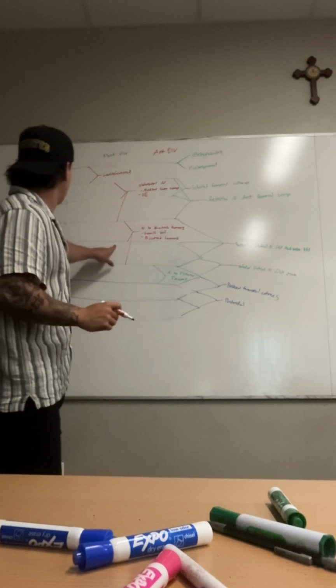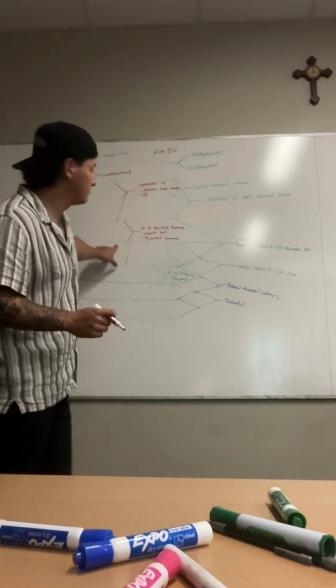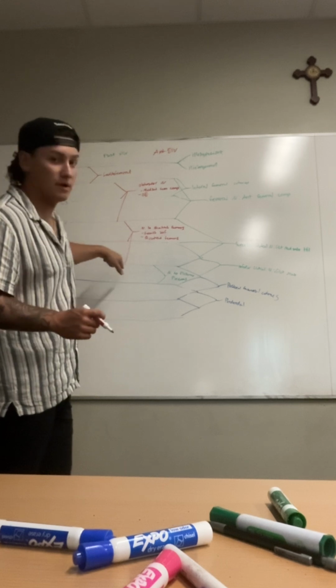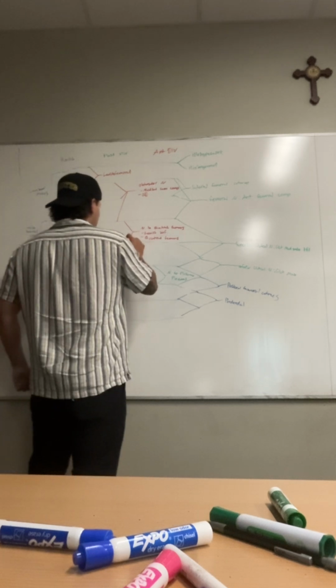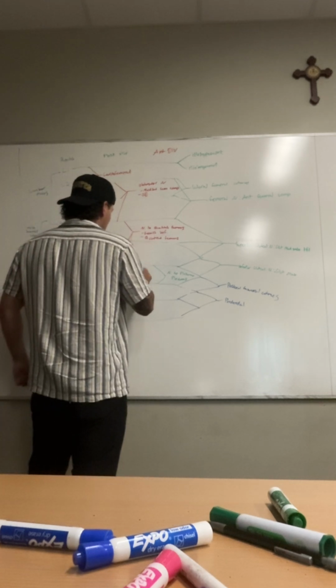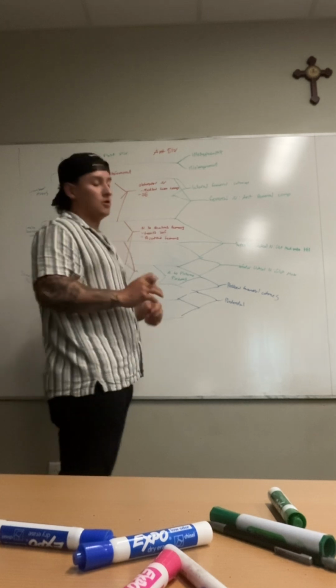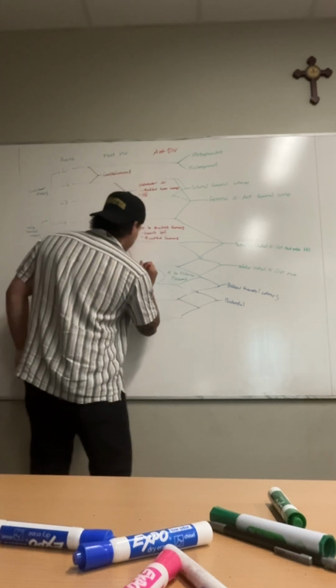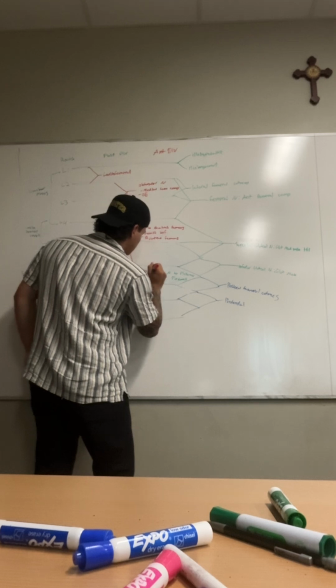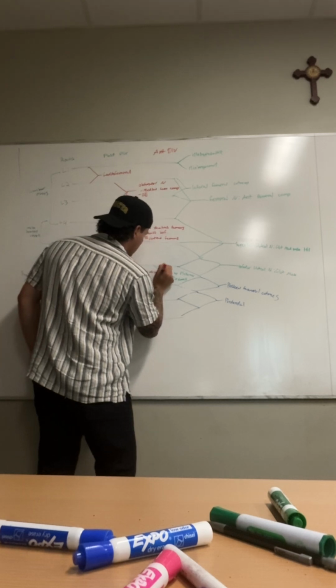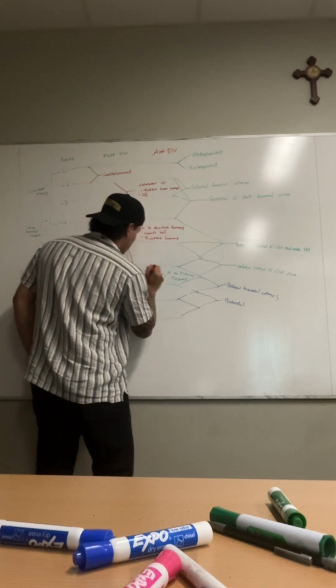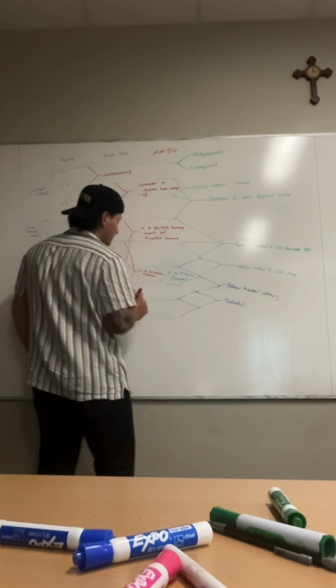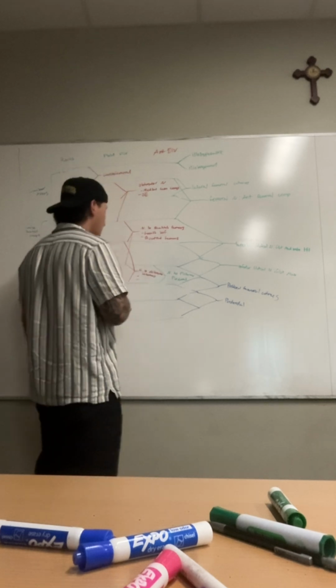And then L5, S1, and S2 come together. That's going to be your nerve to obturator internus. And that's going to innervate your gemellus superior and your obturator internus.